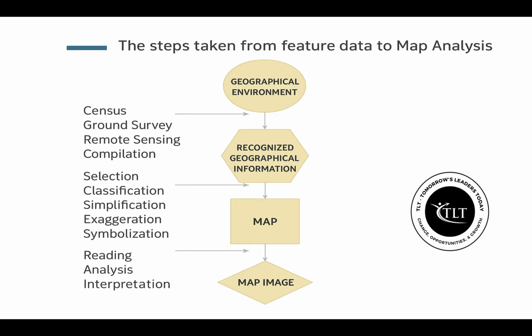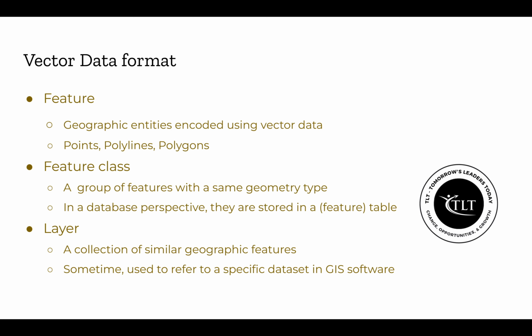Analytical tools like buffering, overlay, and spatial statistics are applied to uncover patterns and relationships in data. Finally, all of these elements combine to create a map image, a clear, well-designed visual that allows for reading, analysis, and interpretation. Through this process, GIS turns raw data into powerful color-coded maps that help visualization and inform decision making.